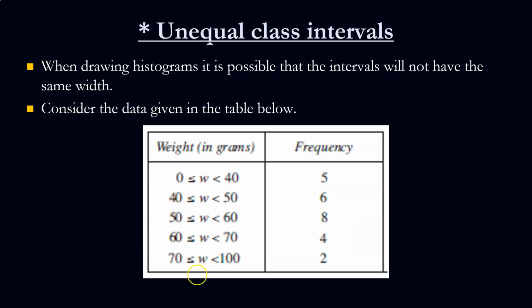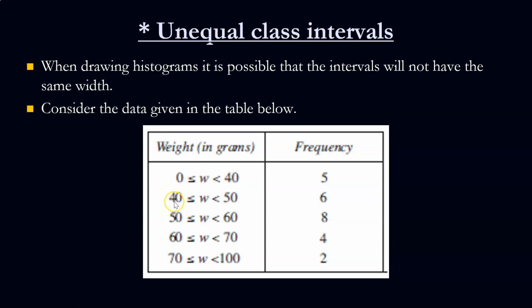Okay, how about this special case when you have unequal class intervals. Kalau yang macam tadi, class interval kita sama: 0 until 10, 11 until 20, 21 until 30. But this one, you can see that 0 until 40, dalam ni ada 40 numbers.